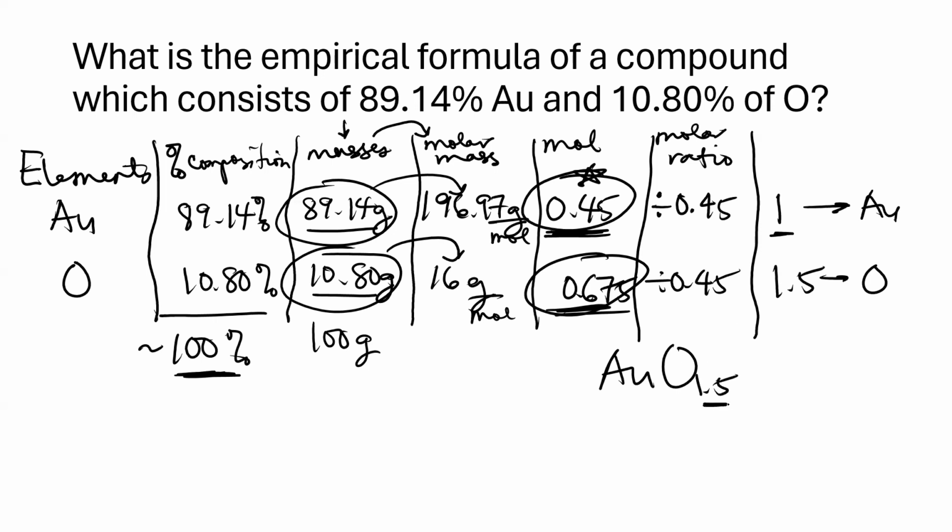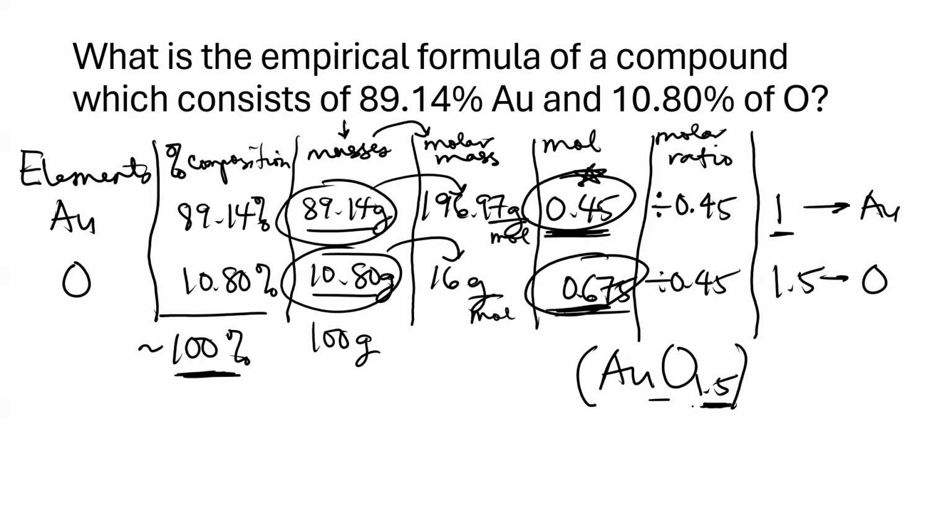However, remember, we cannot have decimal points for our subscripts for the elements in a molecular compound or an empirical compound. Therefore, we need to multiply the subscripts by a certain factor so that it turns into a whole number.